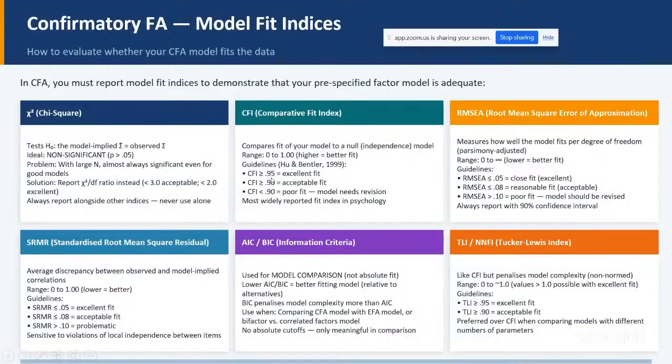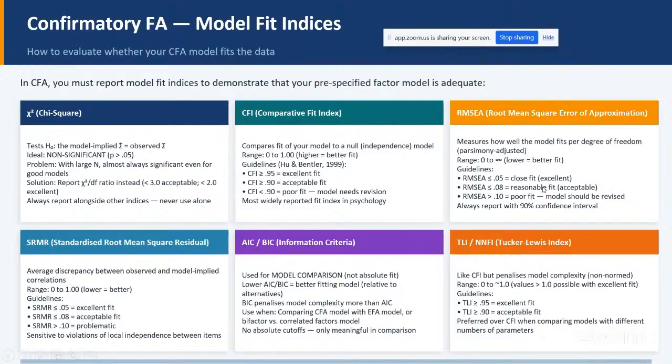The threshold is 0.95: if it is greater than 0.95, it is an excellent fit. If it is greater than 0.90, it is acceptable. If it is less than 0.90, it is considered a poor fit, and we will not use that fit. Okay, so next, that is RMSEA.